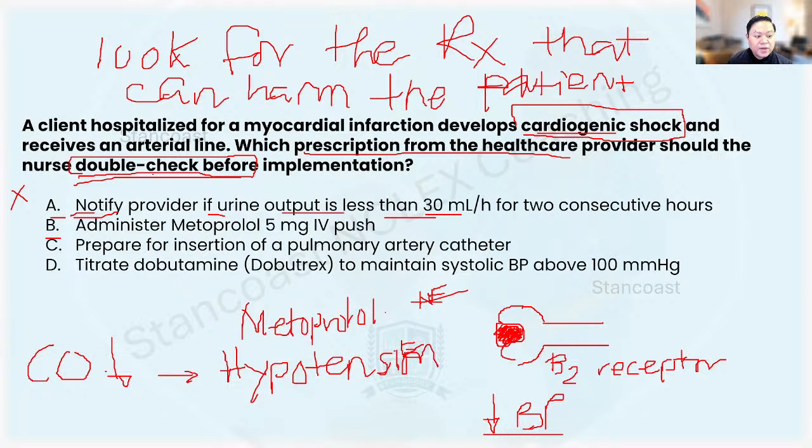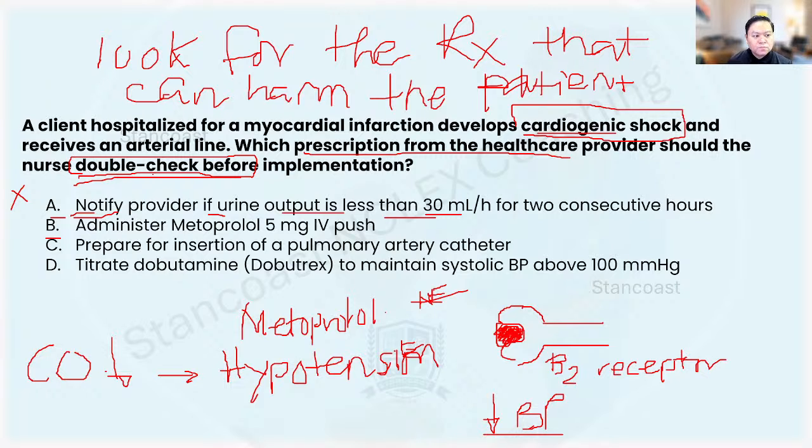If there is low blood pressure, what do you expect in the perfusion of blood into the organs? Of course, it will be compromised. The blood supply to the heart will be decreased. The blood supply to the kidneys will be decreased. The blood supply to the liver, the brains, and everywhere else will be decreased.